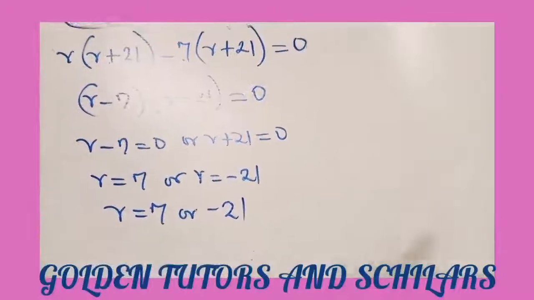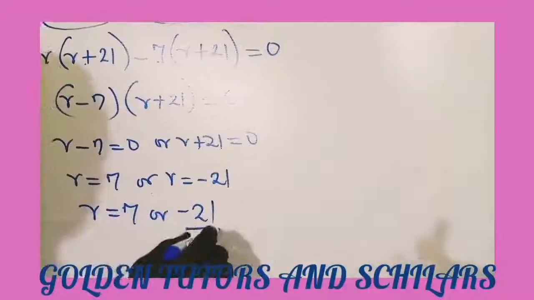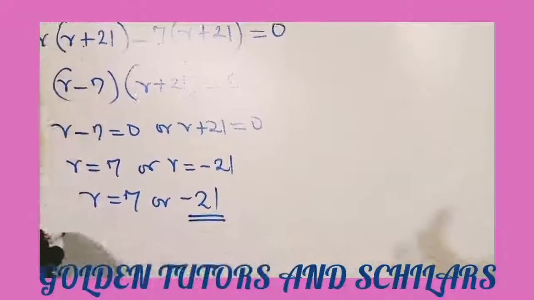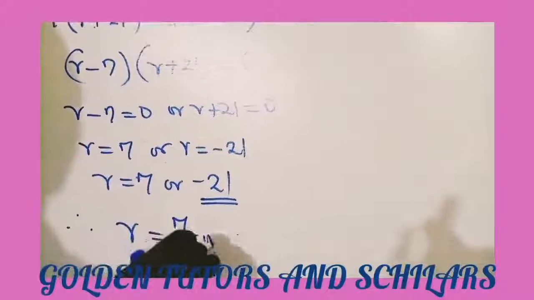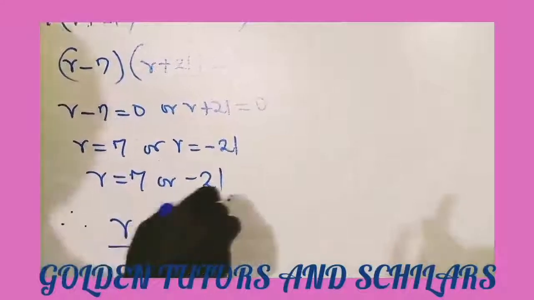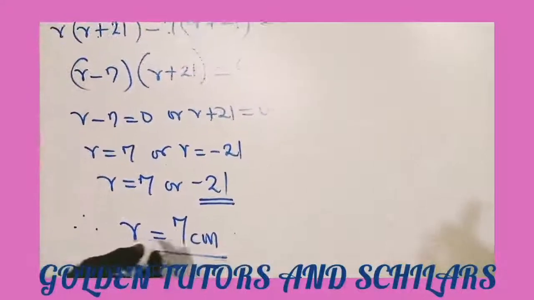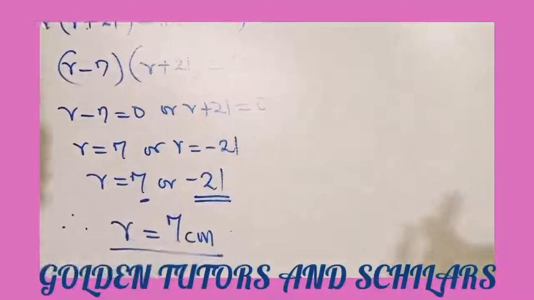Since we are dealing with radius, we cannot have a negative radius here, of course. It means that our radius here, r, is certainly 7 centimeters, because we cannot have this negative radius. Positive, it is 7 centimeters.